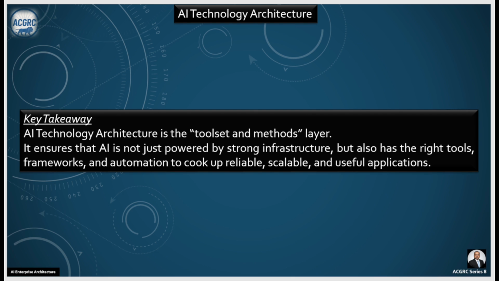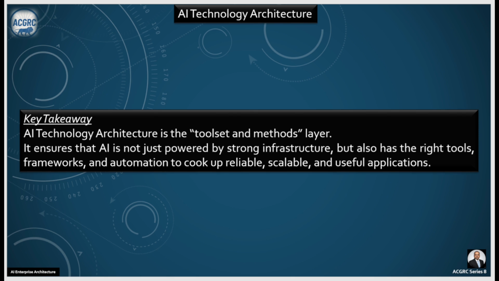So think about AI technology architecture like the tools and the methods inside a kitchen. The cooking techniques, which are baking, frying, grilling, are like AI frameworks such as TensorFlow or PyTorch. The waiters carrying the dishes are like APIs connecting AI models to other systems. The kitchen appliances like the blender or the smart ovens are like the MLOps tools that automate and speed up the work.